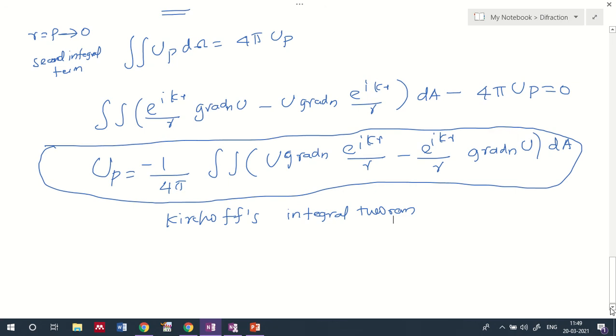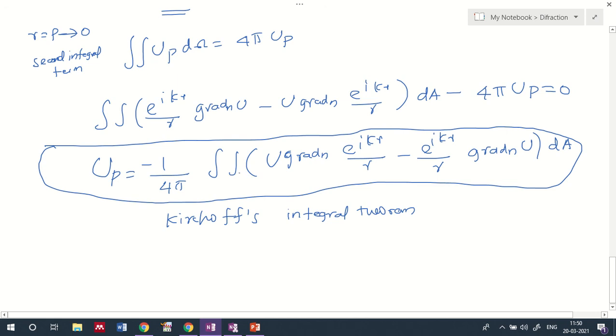What does up mean? Up means the wave function at P. So the wave function at P can be related to the wave function over the entire enclosed area, which is represented by the Kirchhoff integral theorem.